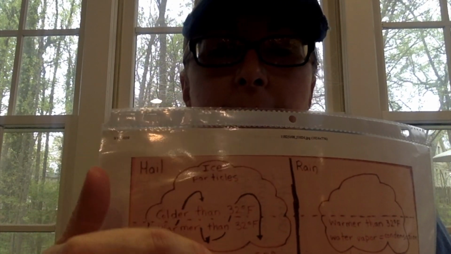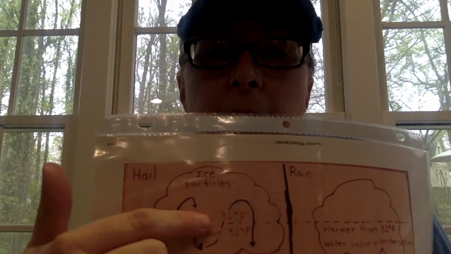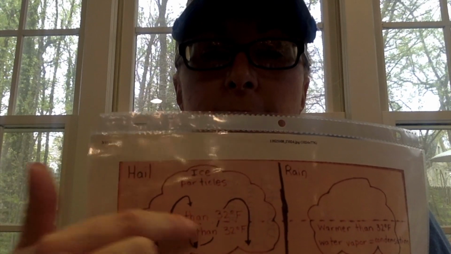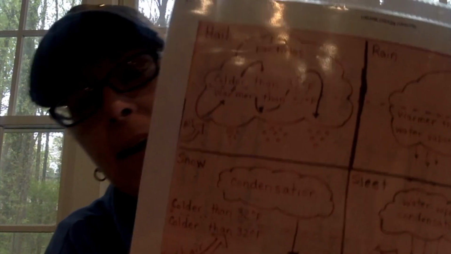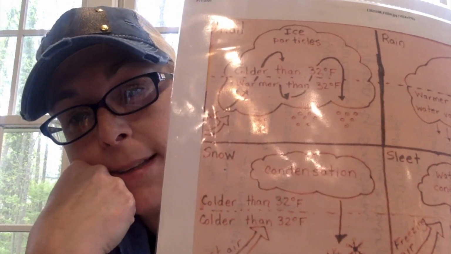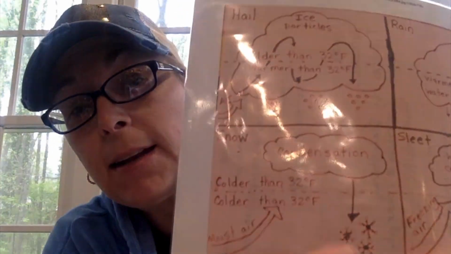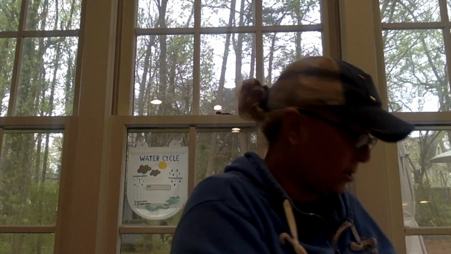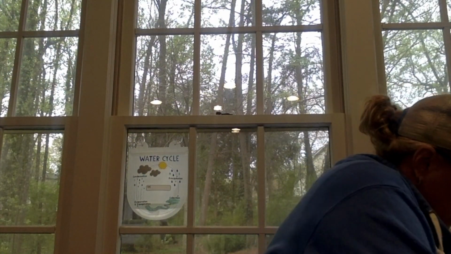If we get our hail, it's unstable within the cloud. We've got a line that shows a difference in the cloud. And if we have snow, it's lower than 32 degrees, right? So we get that hexagon snowflake falling, okay? So that's a nice little graphic to show us about that.